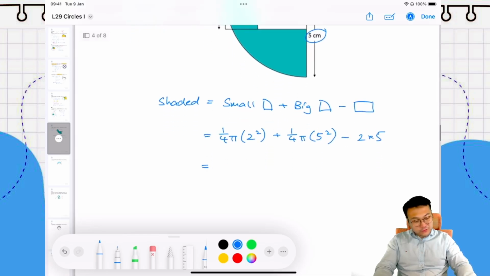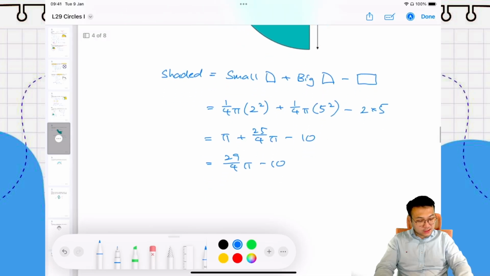Now, if you want to leave your answer in pi, it's fine. 2 to the power of 2 is 4. So 4 divided by 4 is just 1. So you have 1 pi here. This is 25. 25 divided by 4 is 25 over 4 pi, minus 10. So what do you get? 1 plus 25 over 4 is 29 over 4 pi minus 10.